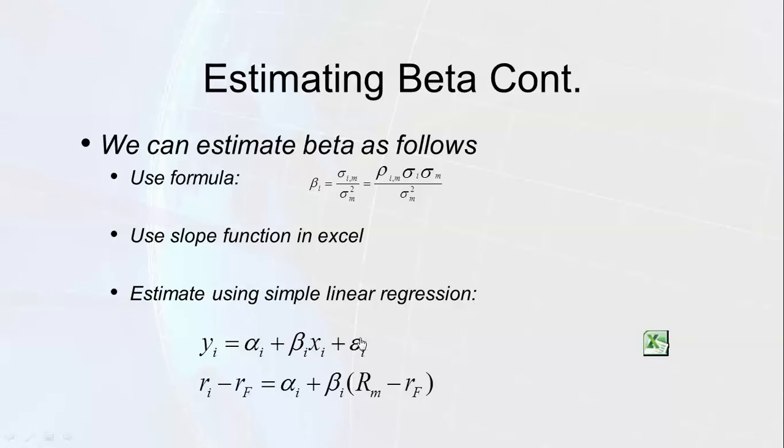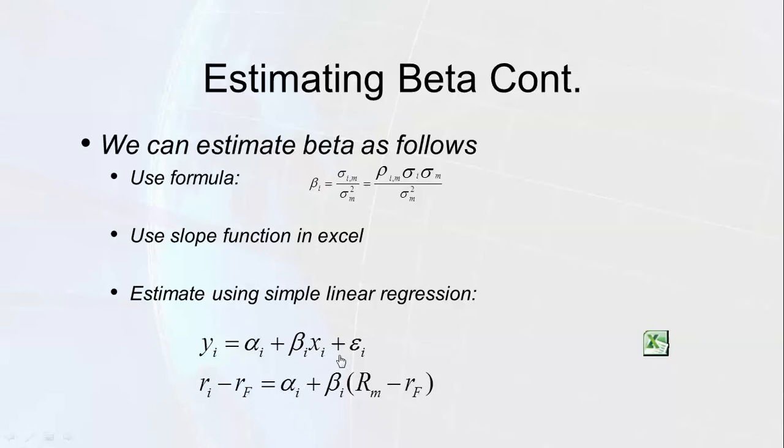Which means this one should be equal to 0. This is the intercept. So we rewrite the CAPM equation to make it similar to this simple linear regression. And in this regression, this alpha should be equal to 0.